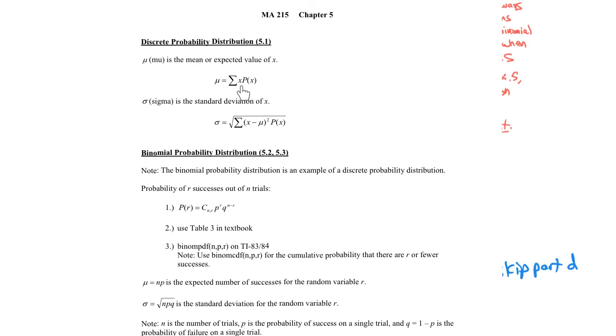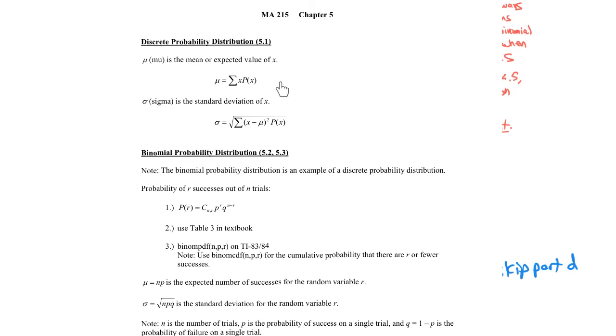We give this formula here that we talked about to find the mean or the expected value. And also this formula for sigma, which if you wanted to do it by hand, you could do this. These are general formulas. They work for any discrete probability distribution.